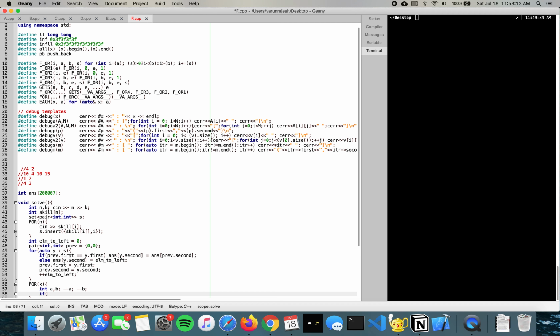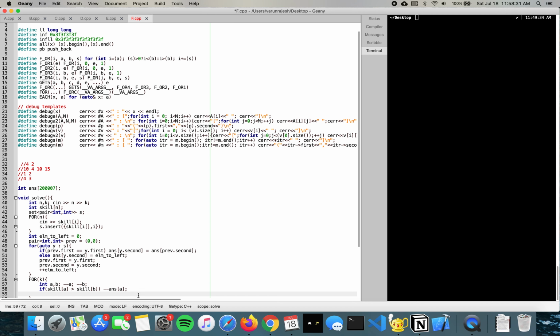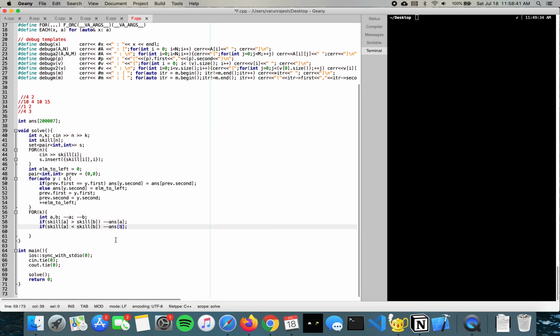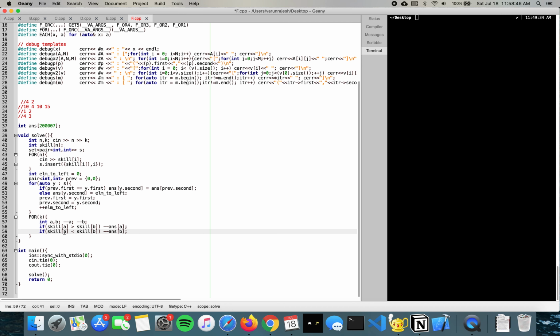And now we're going to check if the skill of person A is greater than the skill of person B, then we have overcounted by 1 for person A, so we do minus minus answer of A. And in the same logic, if it's the opposite way around, then we decrease the answer of B by 1. And then if they're equal, we never count them in the first place, so nothing ever happens.